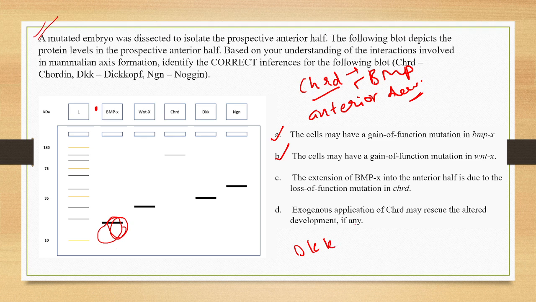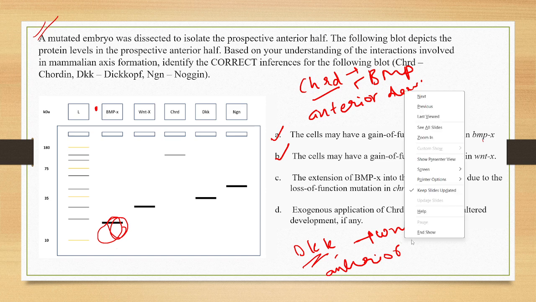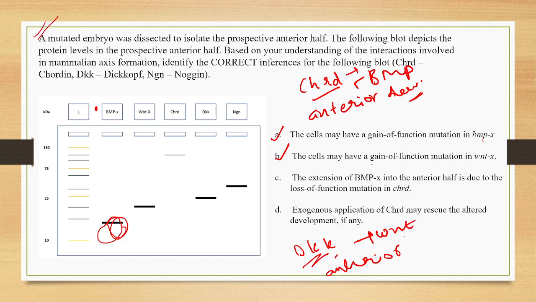In a normal embryo, DKK would suppress the Wnt, and DKK is responsible in the anterior half. So, DKK is a Wnt antagonist, and DKK is crucial for head development, and Wnt has to be suppressed in the anterior side. So both BMP signaling and Wnt signaling have to be suppressed in the anterior part. BMP is suppressed by chordin, Wnt is suppressed by DKK.